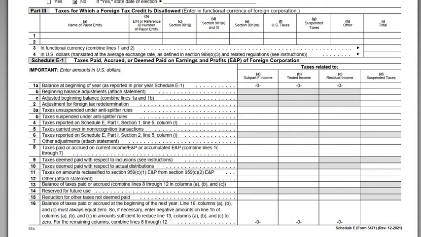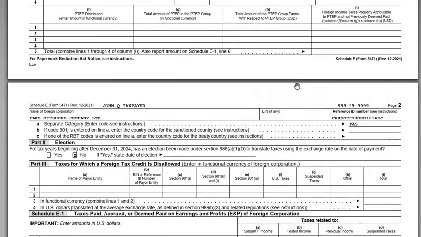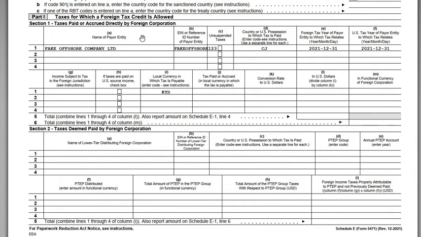So again, E-1 is used to effectively allocate the foreign taxes paid across the different types of income that are passing through this company. When we complete Part I up here, we have the taxes paid or accrued directly, or the foreign taxes paid. So for example, if we have taxes paid directly, we'd have an item here in column L, right?